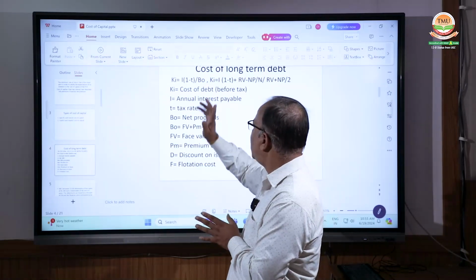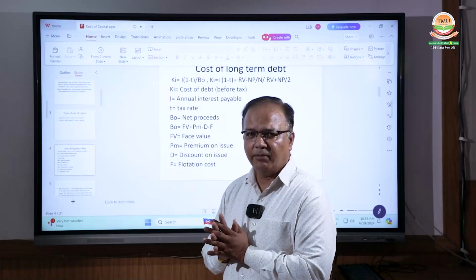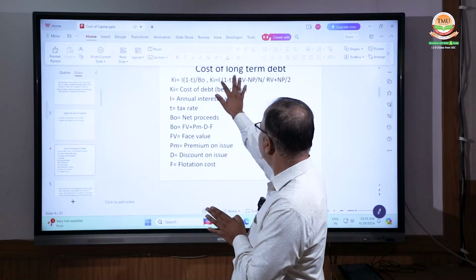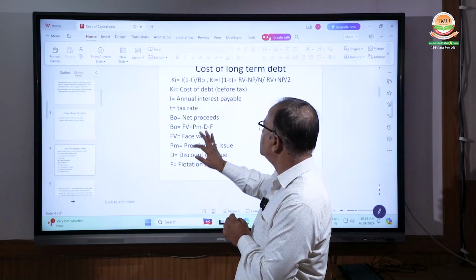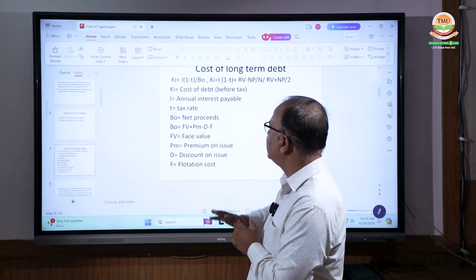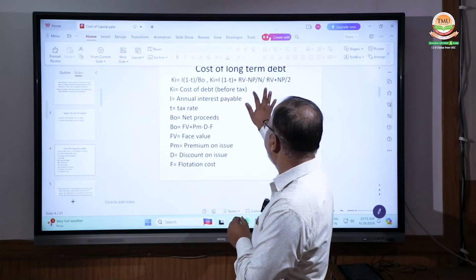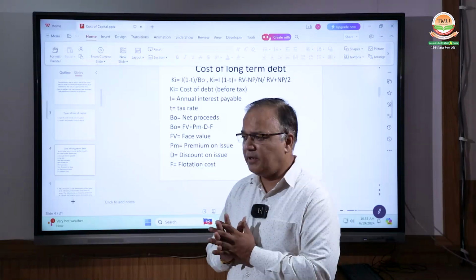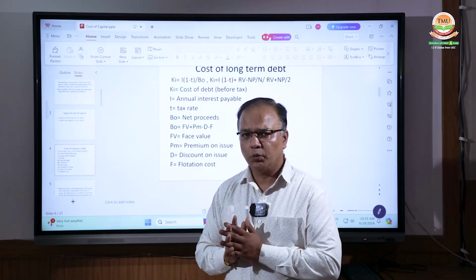This is the formula of irredeemable debt. And here you can find Ki is equal to I into (1 minus T) plus (RV minus NP) divided by N, divided by (RV plus NP) divided by 2.